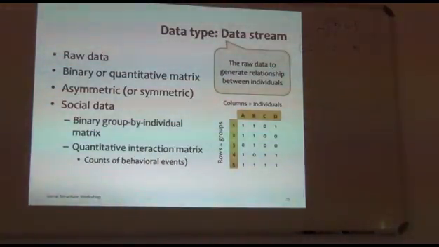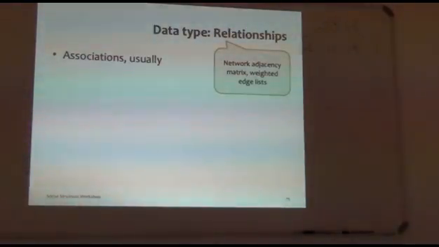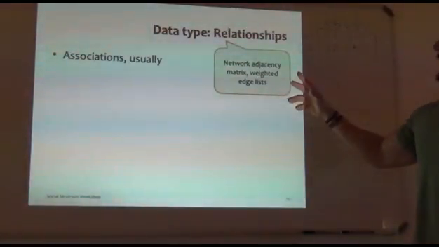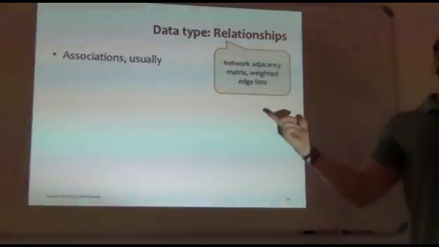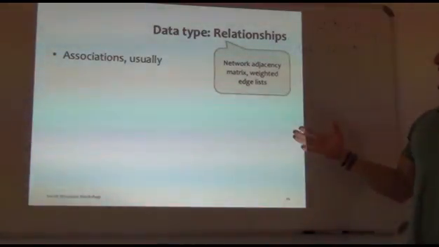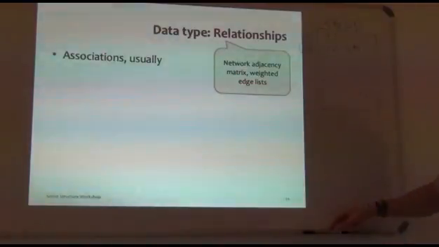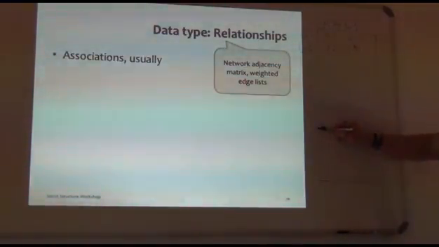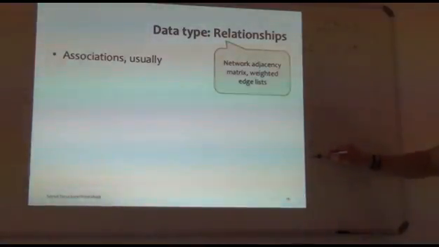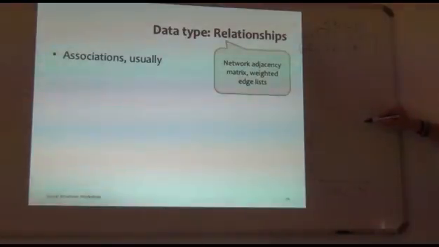The other type of data that can work is the relationships. In our case, usually it will be the association matrix, which is the same as the network. Remember that the network is nothing else than a plot of that triangular matrix. And usually we move from here to here using one type of association index, but it could be done in different ways.